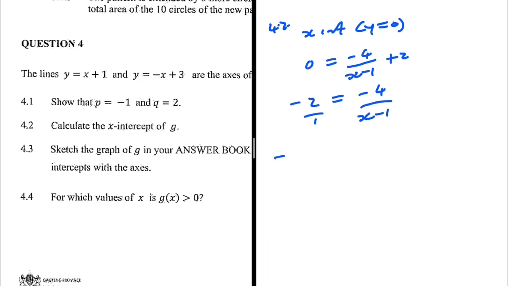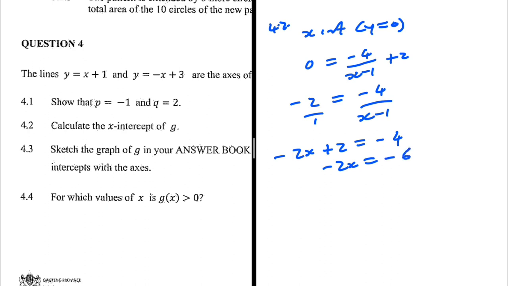We're going to get minus 2x plus 2 is equal to minus 4. So minus 2x will be equal to minus 4 minus 2. Minus 4 minus 2 will give us minus 6.